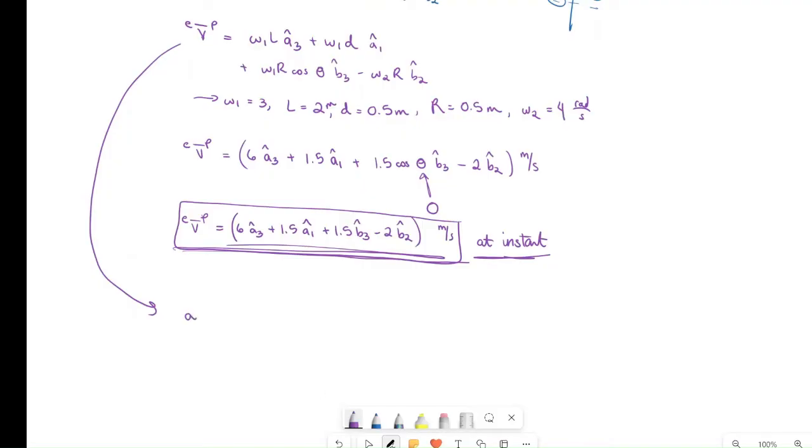So the acceleration of point P in E is equal to the time derivative of the velocity of point P in E. And that is just going to be equal to... I'm again going to split this up into the A frame terms and the B frame terms. So the first term is omega 1 L A3 hat plus omega 1 D A1 hat plus the time derivative of omega 1 R cosine theta B3 hat minus omega 2 R B2 hat.